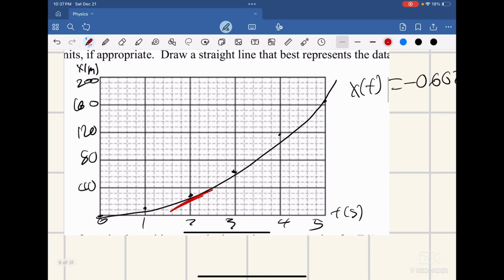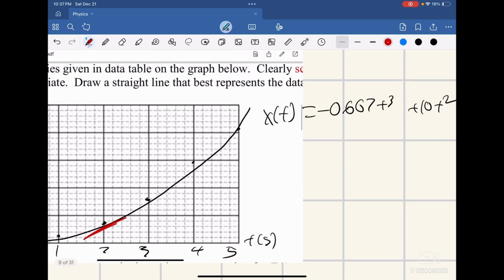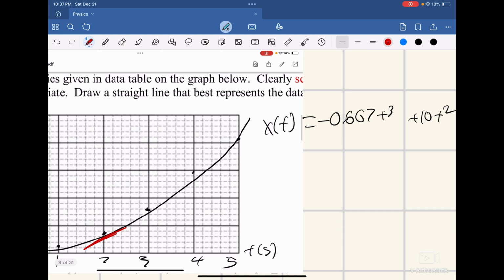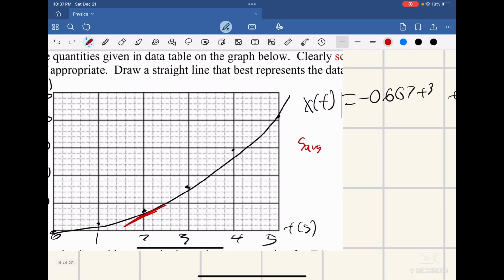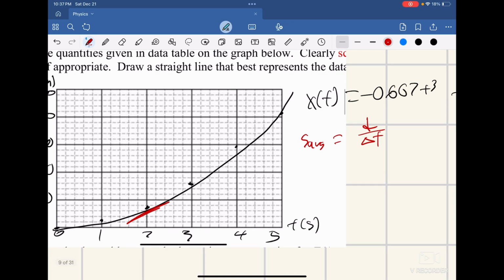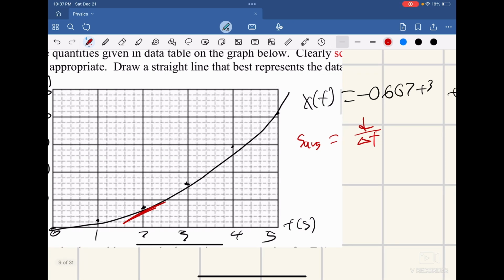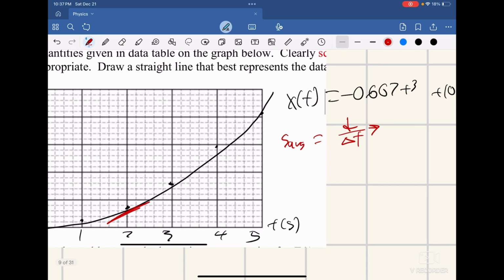All right. For the next part, we're asked to find the average speed between t equals 0, 1, 2, 3, 4. What we know about S average is that it is given by distance over delta t, and this is very similar to the slope of x of t.